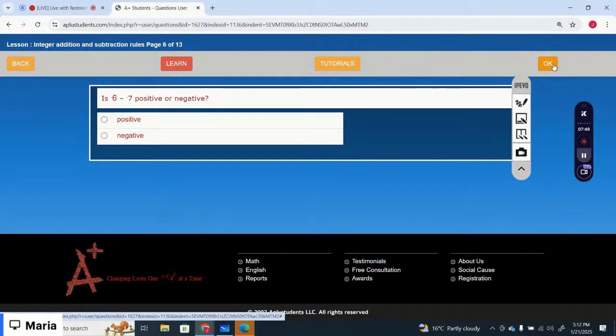The correct option is positive. You can complete the lesson by yourself later today. Let me move on to the next lesson.